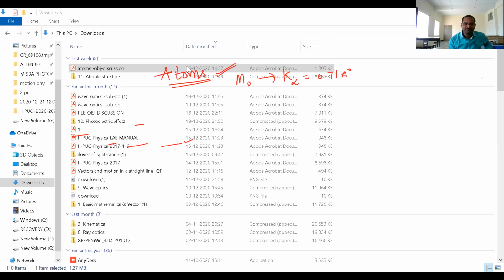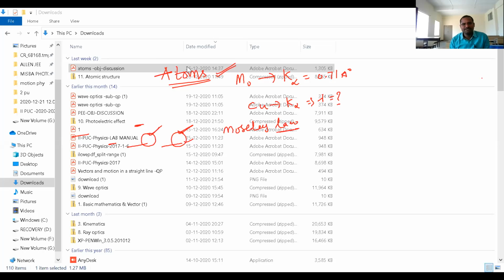When from copper, if the K alpha line comes, what will be its wavelength? They are asking. See here, atomic number is a very large value: 42 here, 29 here. So when we are dealing with X-rays, we need one formula, that is Moseley's law.